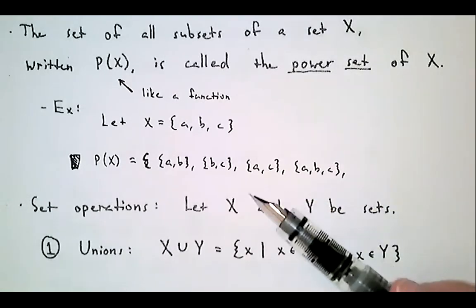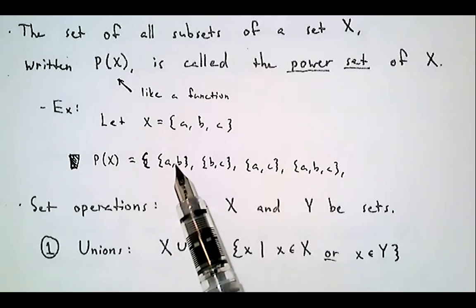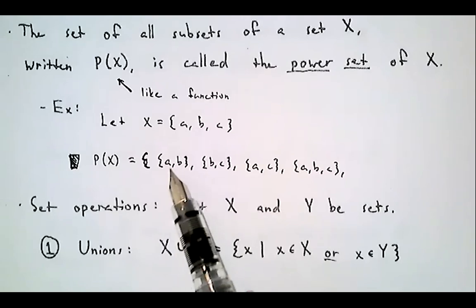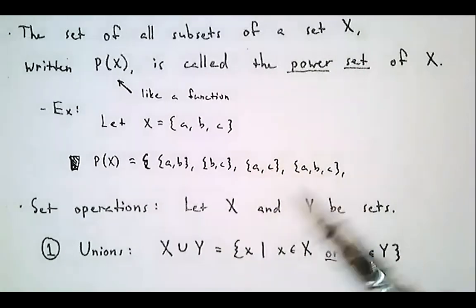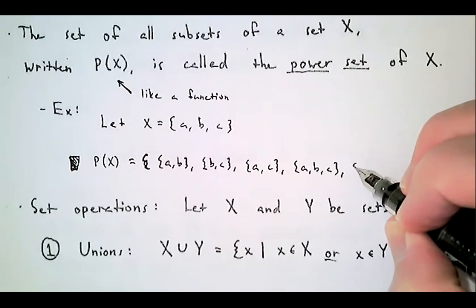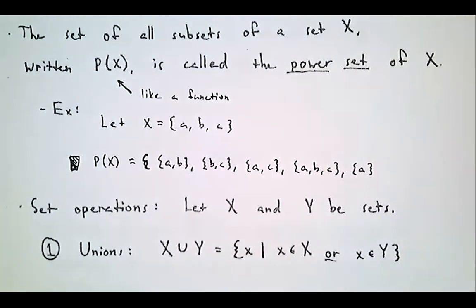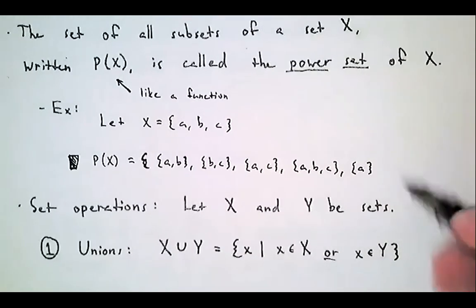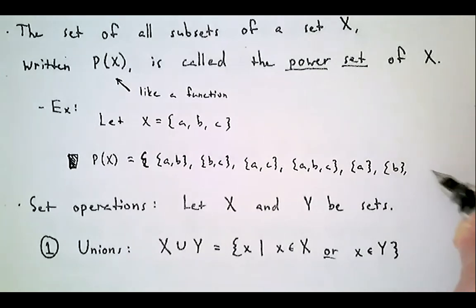I think the first one was B and A together, but remember that if you change the order of elements in a set, it doesn't actually change the set itself, and we already have a set with A and B. So adding B and A together wouldn't add another set because they're the same. So what if the set just contained A, just B, and just C? And I think that's what the other 2 answers were. We can have sets with single elements in them. And there's 3 of those.